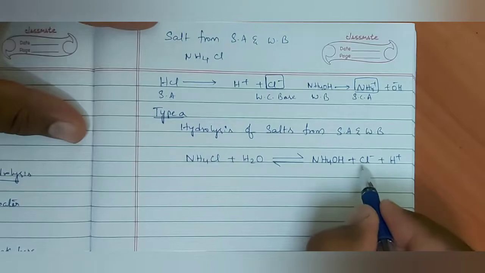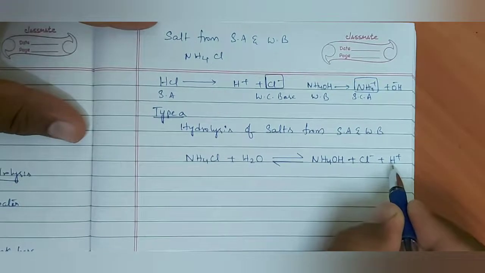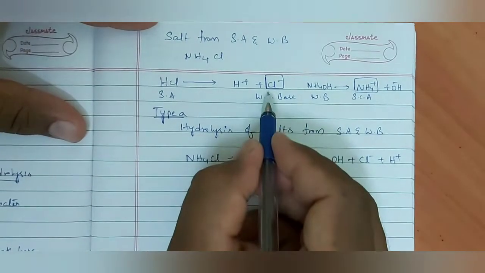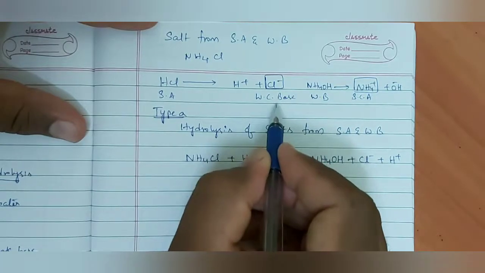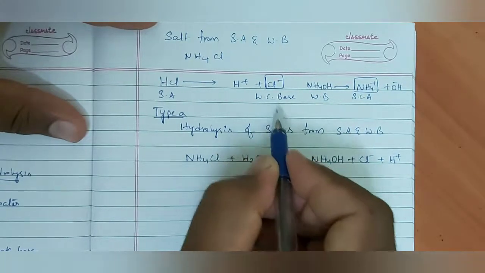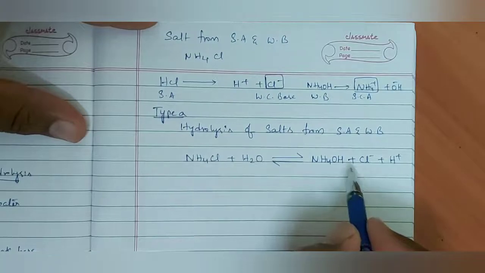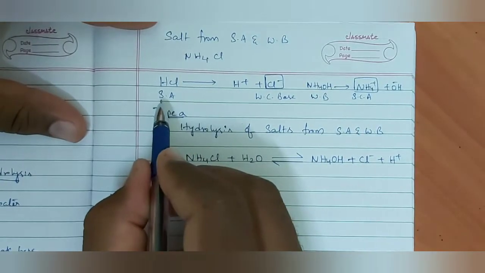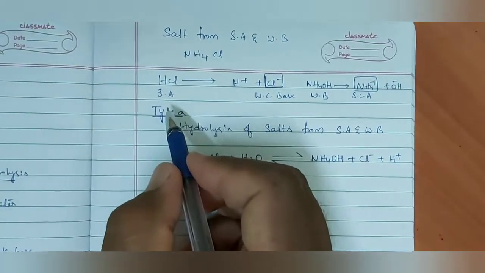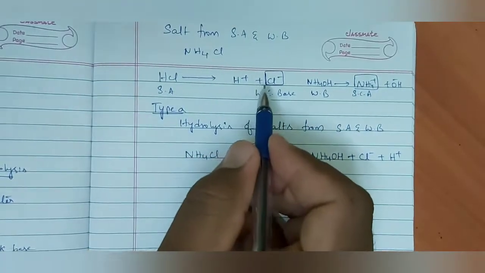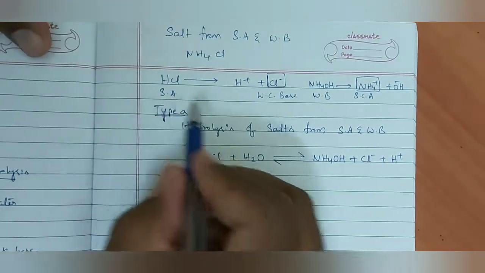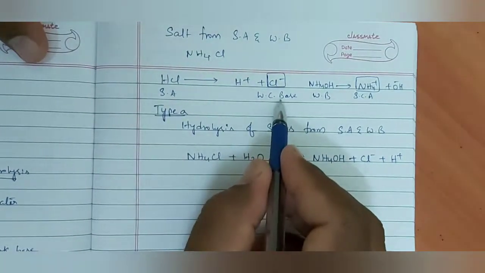Sir, why didn't you combine Cl minus and H plus? Already we proved that Cl minus is a weak base. Weak base means it cannot abstract a proton easily because it is obtained from strong acid. Cl minus is obtained from strong acid, which is a weak conjugate base.